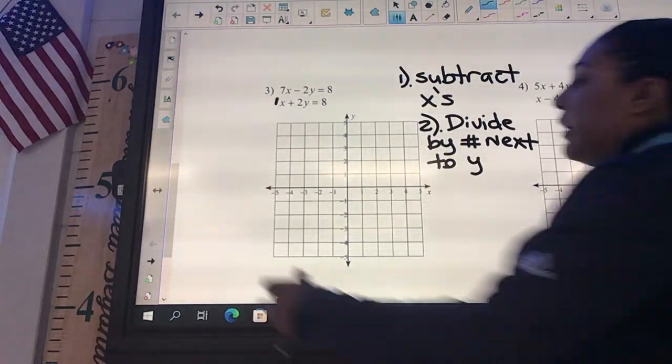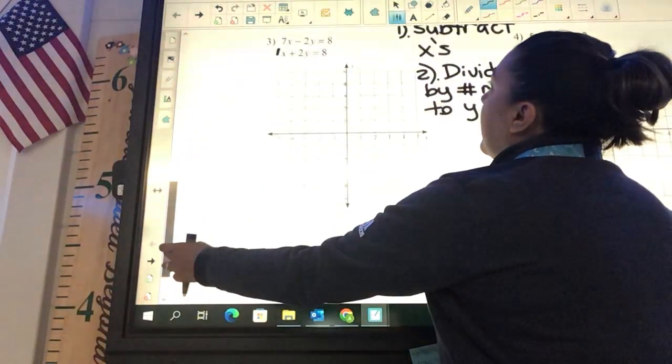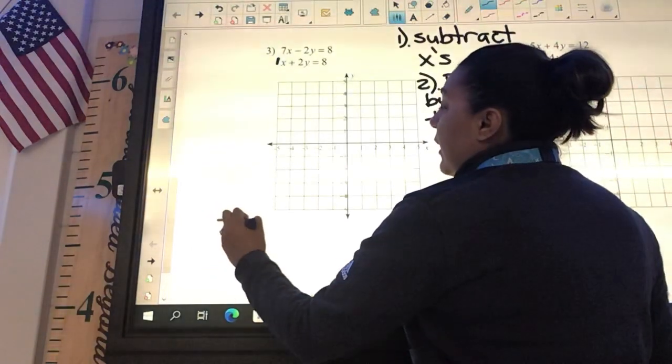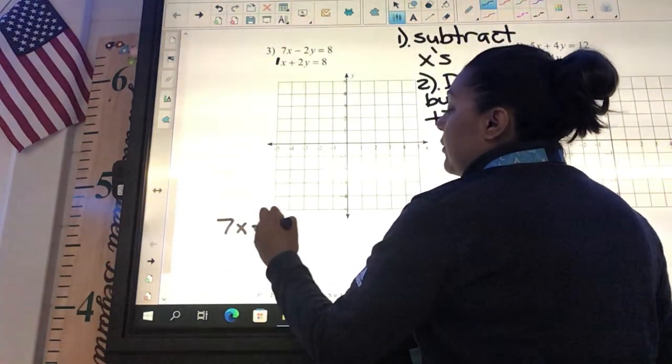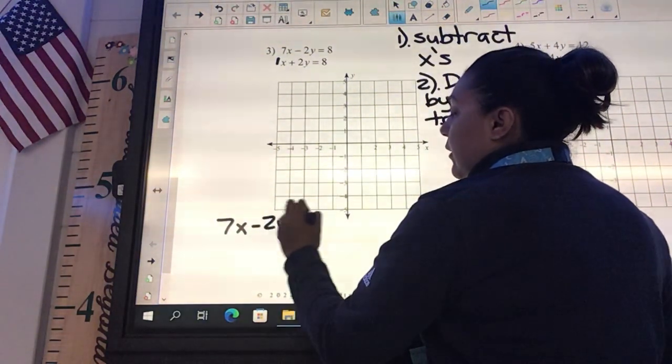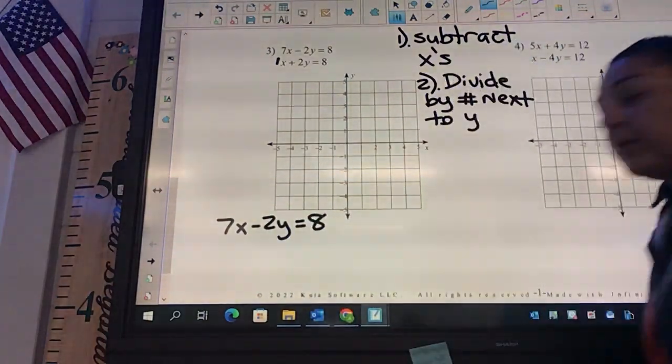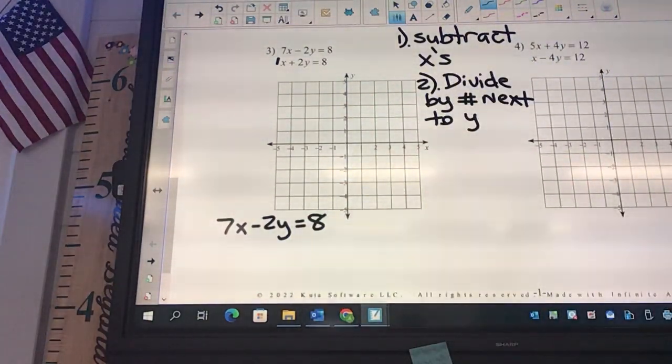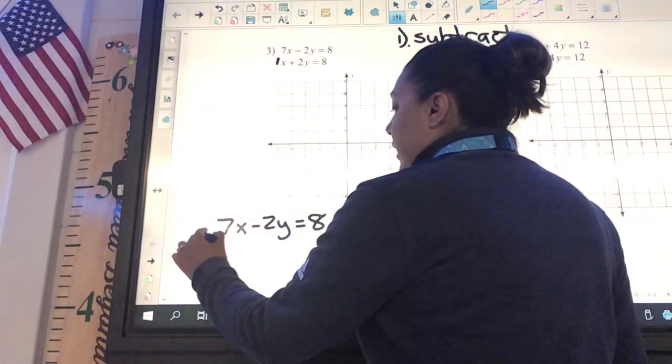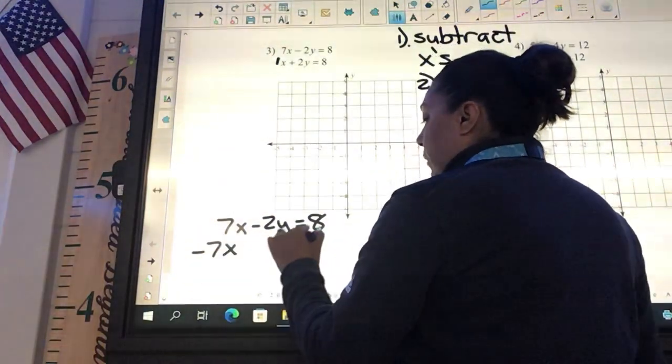Okay, so we're going to write the first one down. We got 7x minus 2y equals 8. Okay, so we're going to subtract the x's. So we're going to say minus 7x, minus 7x.